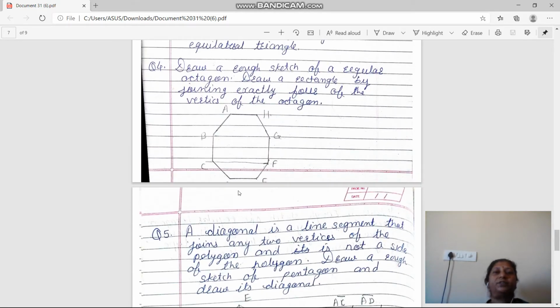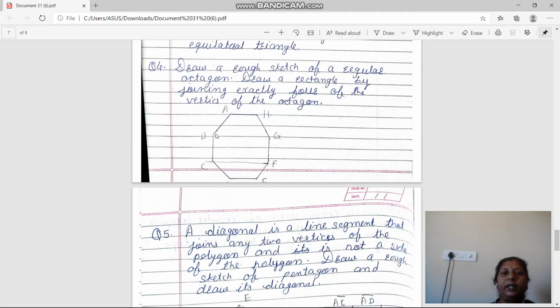Draw a rough sketch of a regular octagon. Draw a rectangle by joining exactly 4 vertices of the octagon. So see here, it is a regular octagon. It has 8 sides, right?